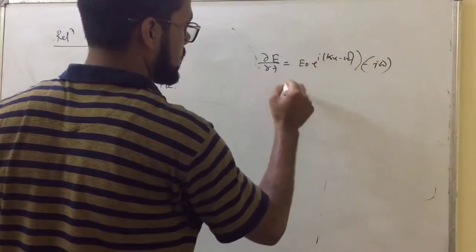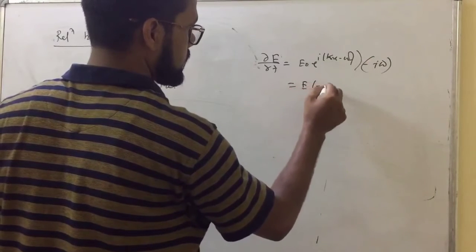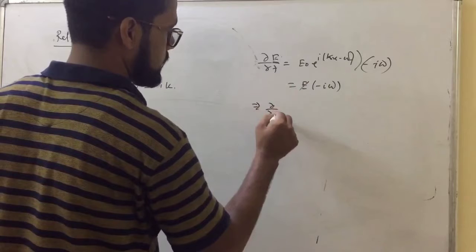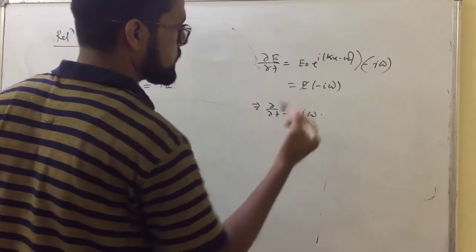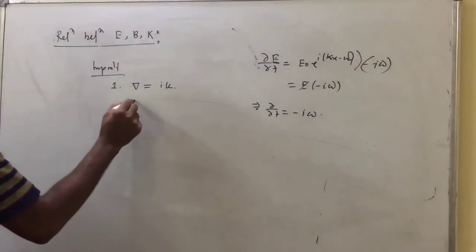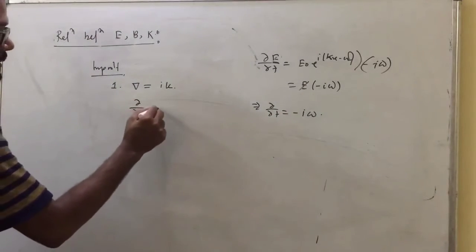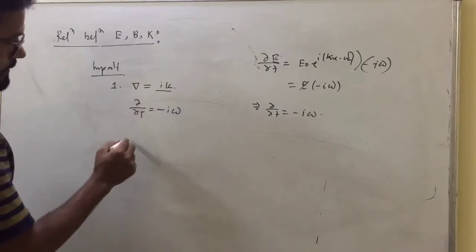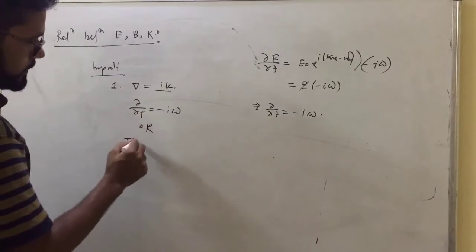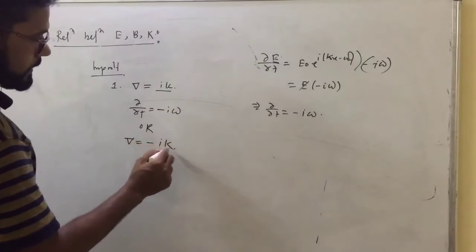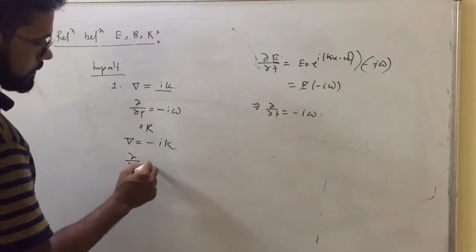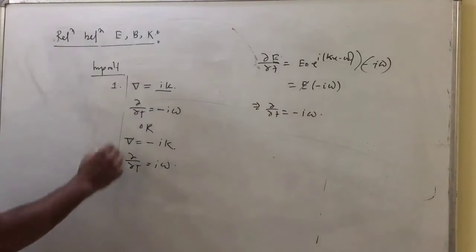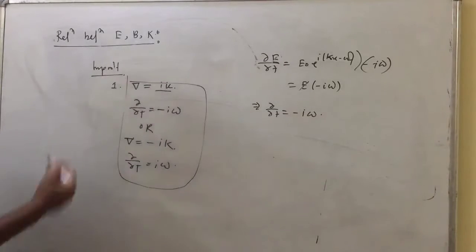So this part becomes E into minus i omega. E cancels, so del t equals minus i omega. I will directly put minus i omega. Or if we replace minus i k, then del t equals i omega. These two are really important points to know.